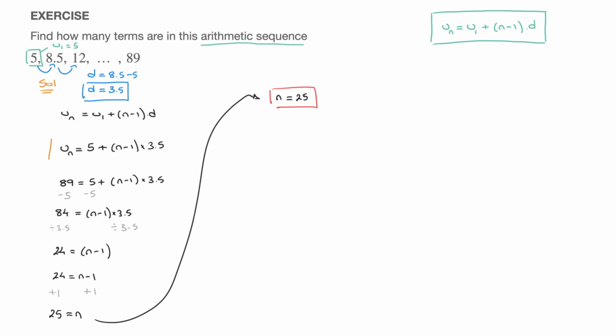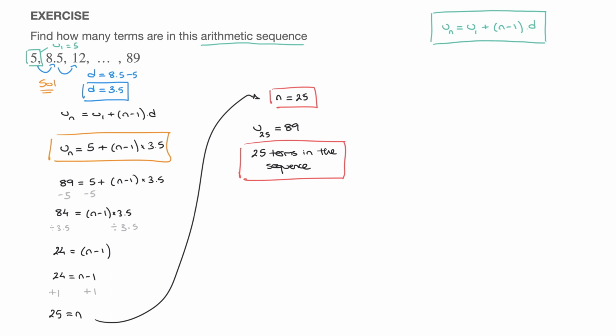We now know that this formula will equal 89 when n equals 25. In other words, we now know that the 25th term of the sequence is equal to 89, which in turn allows us to state that there are 25 terms in the sequence. And we're done. That's the final answer. And that's it for this tutorial.